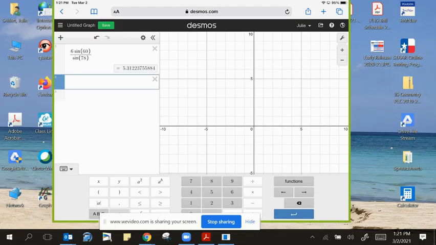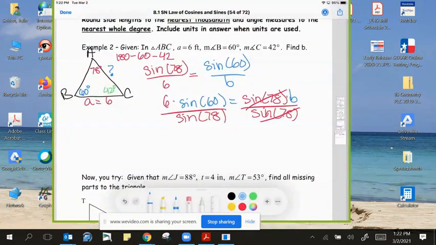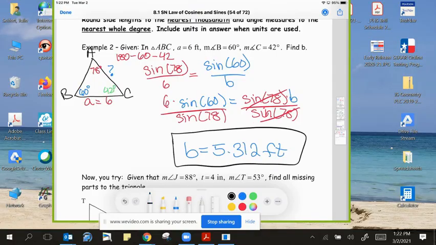Okay. So rounded to the nearest thousandth, that is 5.312. And that would be feet because there are units in the problem. Okay?